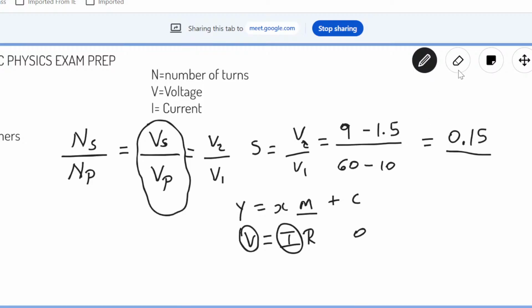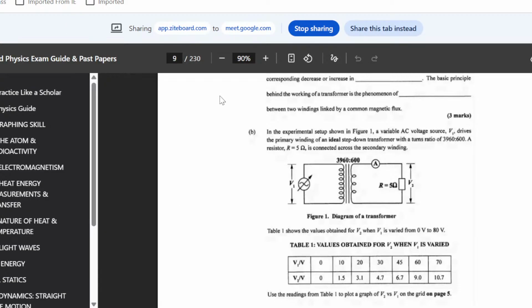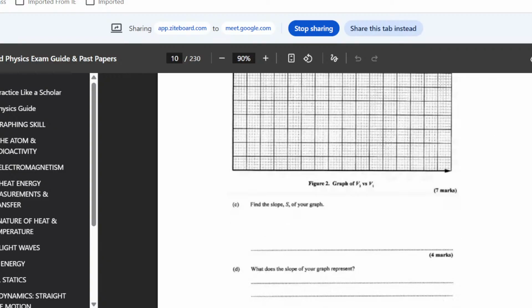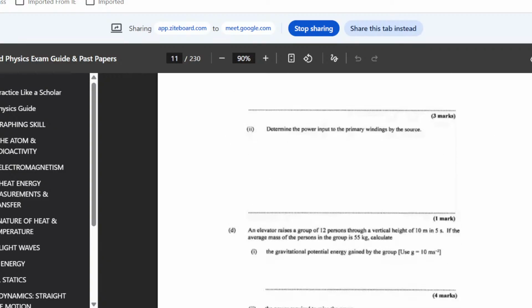So it's usually just this. Watch exactly what you're plotting, and practice the graph questions as well. Don't ignore the graph questions when you go through the past papers.